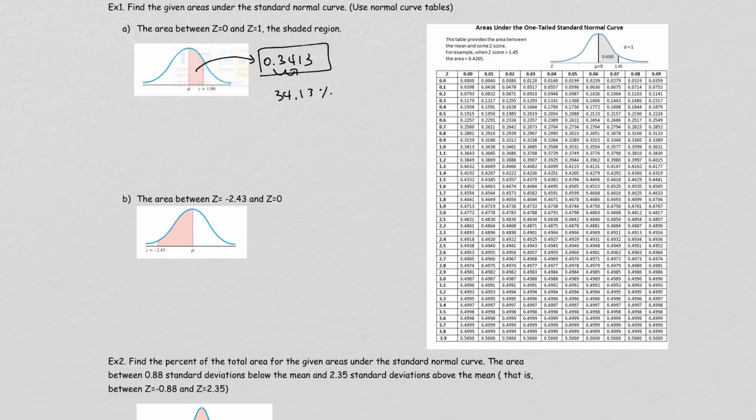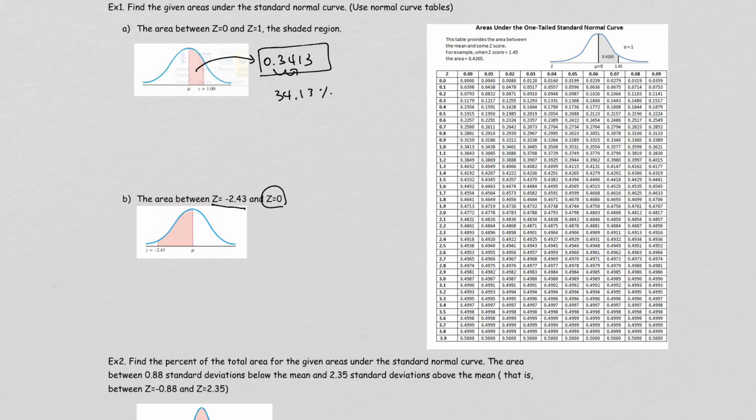Next one, find the area between z equals 0 and negative 2.43. If you're looking at this chart, you can see that you don't have any negative numbers, right? But remember, when we're talking about normal distributions, the left side and right side are going to be the same amounts.